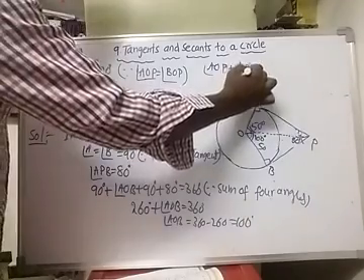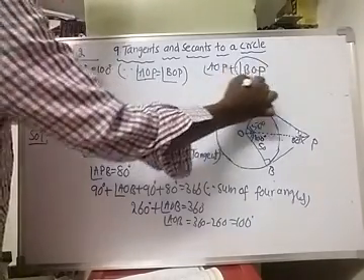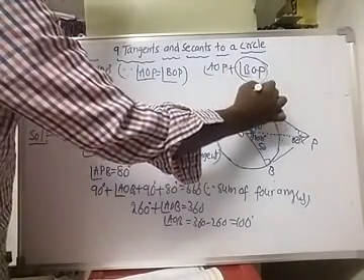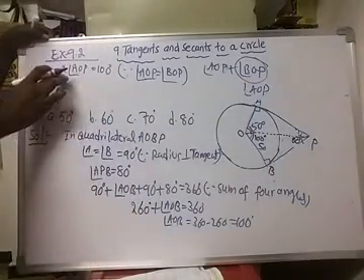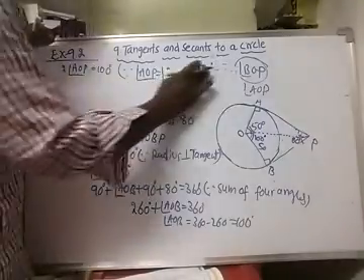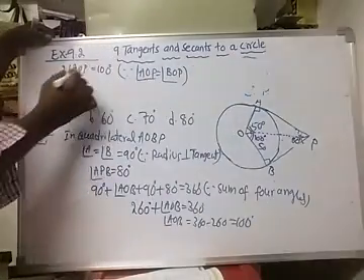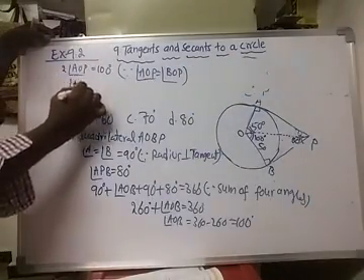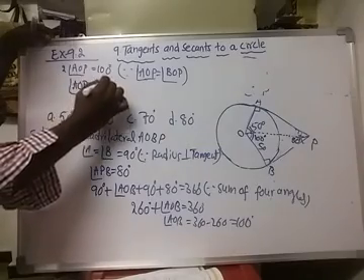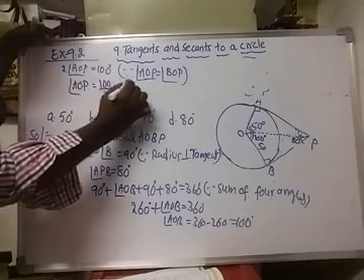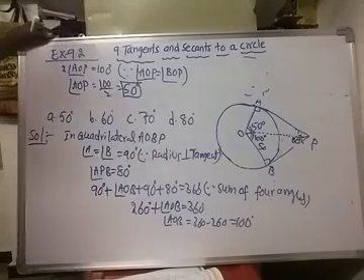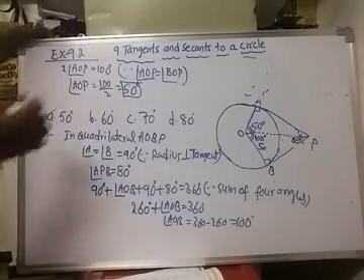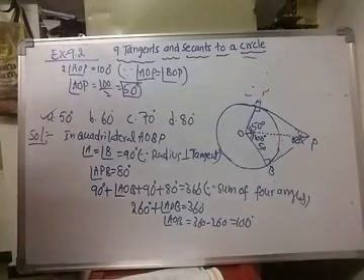Therefore angle AOP is equal to 100 by 2, that is 50 degrees. So which one is the correct answer? A is the correct answer.